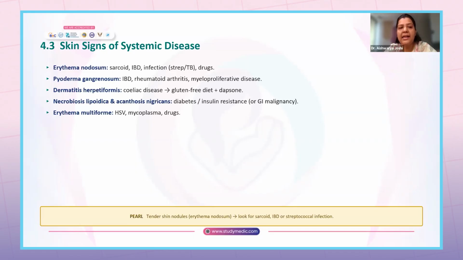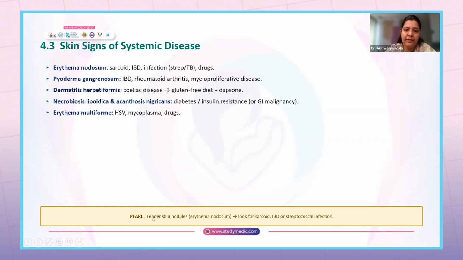Dermatitis herpetiformis is ideally seen on the extensor surfaces of the upper limb, typically the elbow, in celiac disease, and the treatment is a gluten-free diet and dapsone. Necrobiosis lipoidica and acanthosis nigricans are typical of diabetes and insulin resistance or GI malignancy. Erythema multiforme comes in herpes simplex virus, mycoplasma, and drugs.